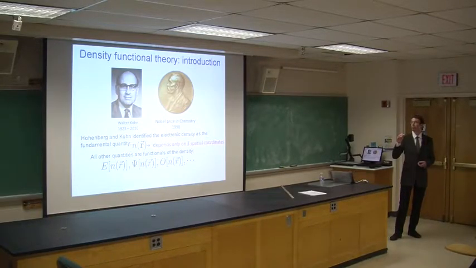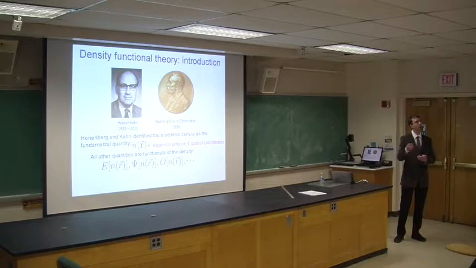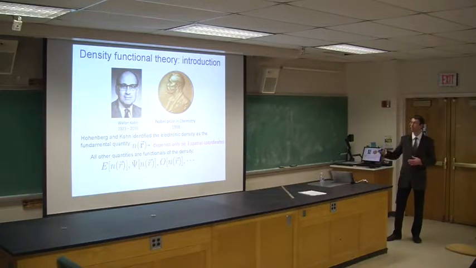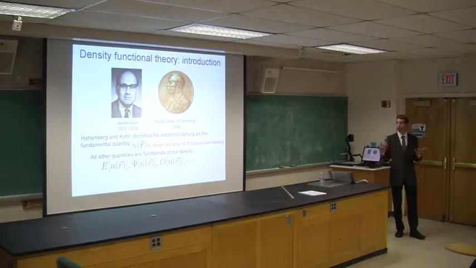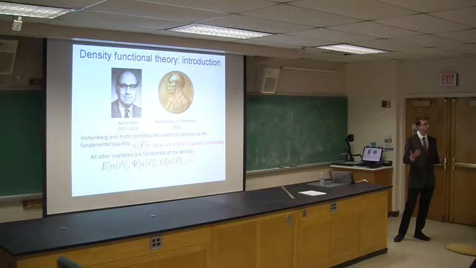It's sufficient if you know the many-body density. And your density only depends on 3 spatial coordinates instead of the 3N spatial coordinates you had before. Once you know the ground state density of your system, you can obtain any of the other physical properties as a functional of the density. A functional is just a function of functions.